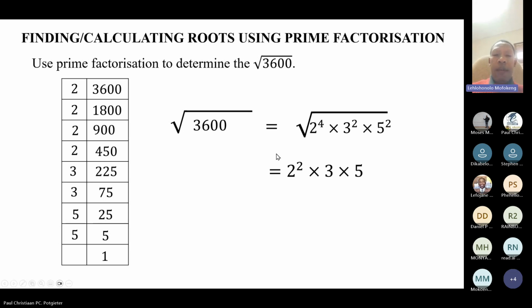And then square root of 2 to exponent of 4, 3 to exponent of 2, 5 to exponent of 2 will be 2 to exponent of 2 multiplied by 3 multiplied by 5, because we divide all the exponents by 2. So as we divide by 2, it will give us this, which is equal to 60.